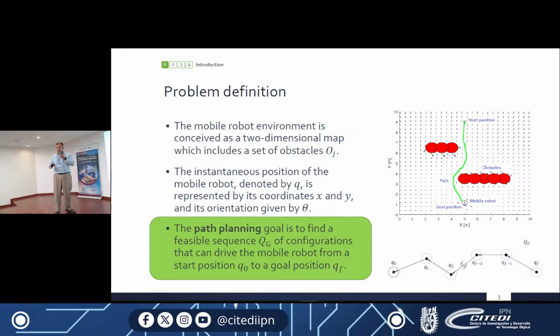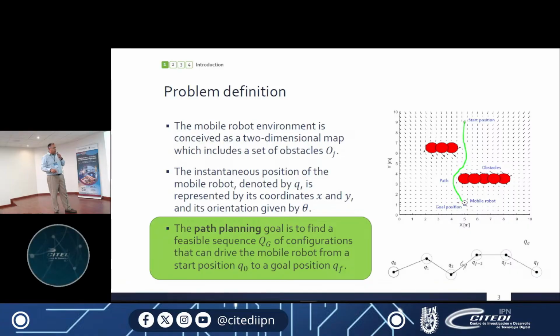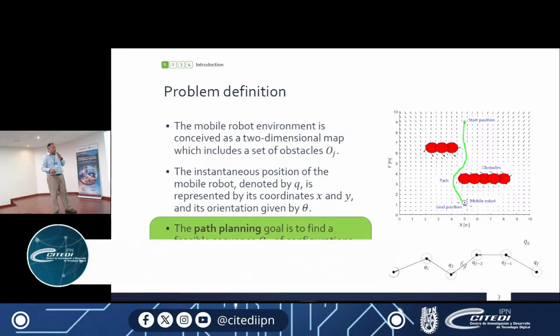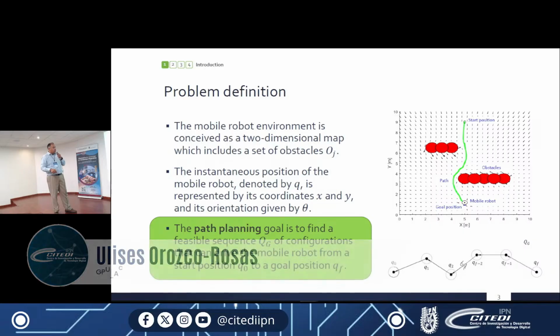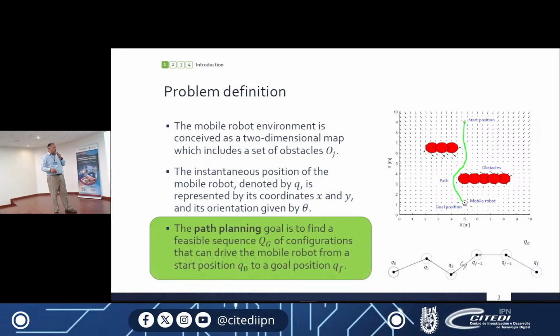All the environment is known. The main objective is to find a set of configurations that will drive the robot from the start to the goal. So we want to get all the configurations, all the points, to reach the goal.